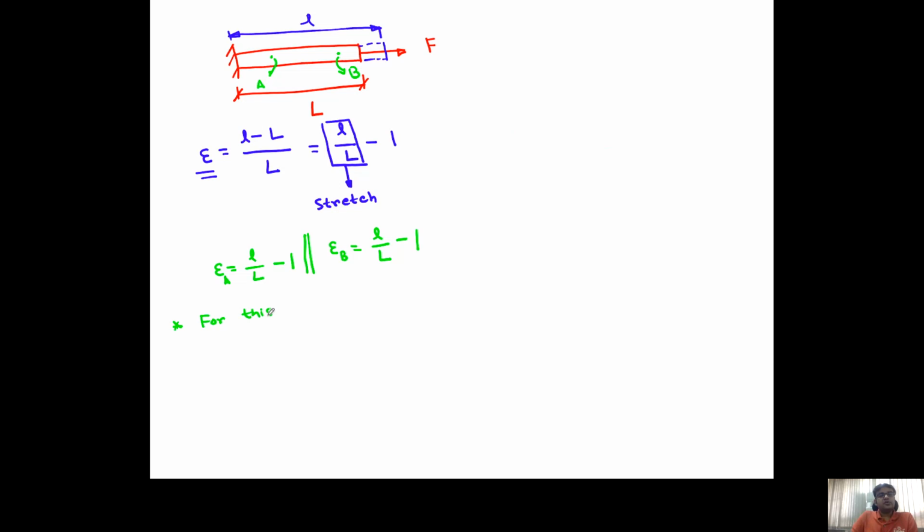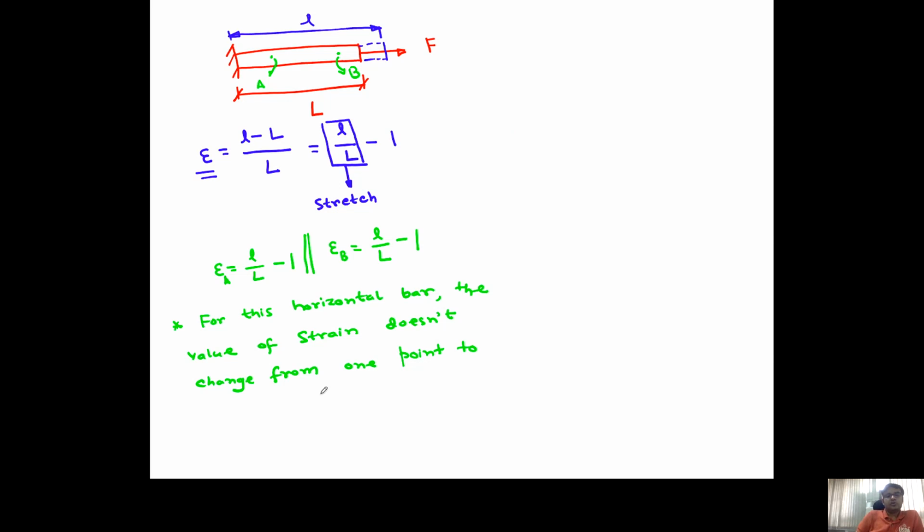Which means, for this horizontal bar, the value of strain does not change from one point to another.